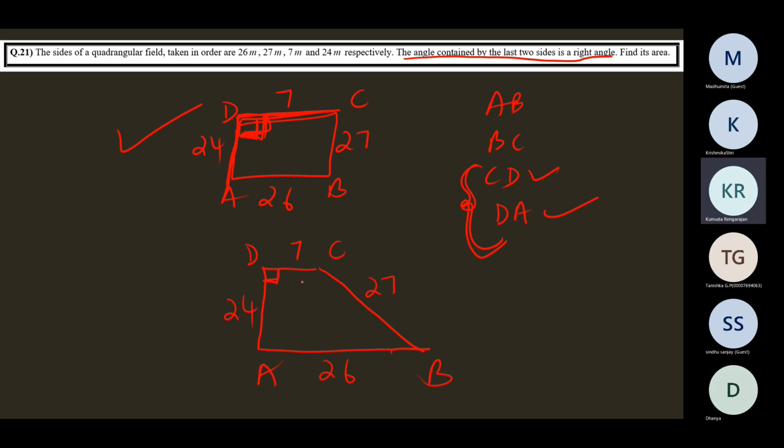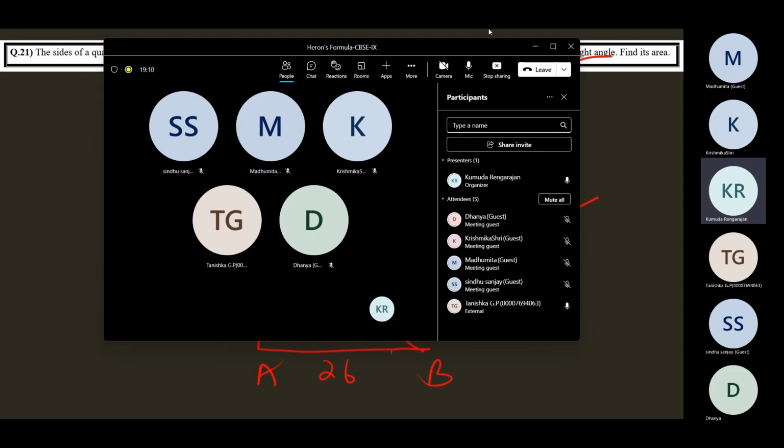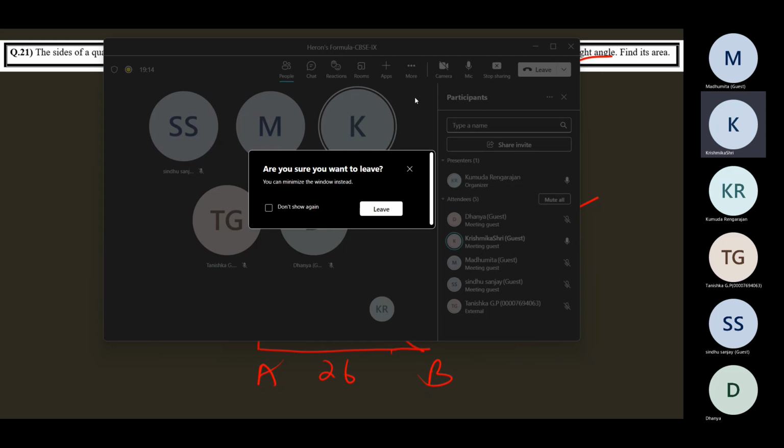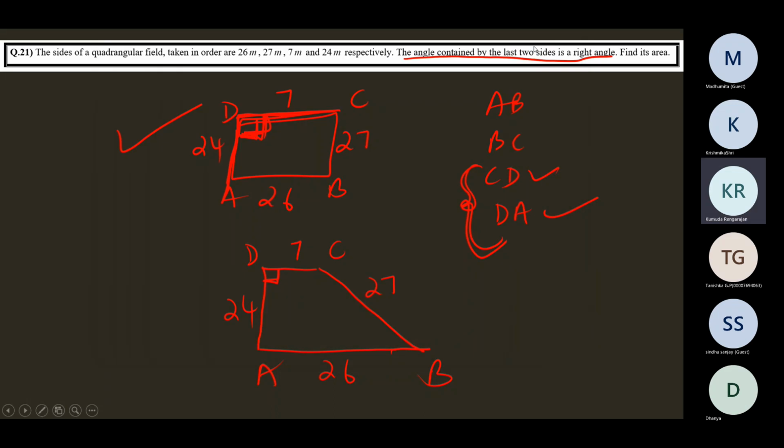Now, Tanishka, which diagonal will you connect? Krishmika Shri, which diagonal will you connect? DB. DB, is it?